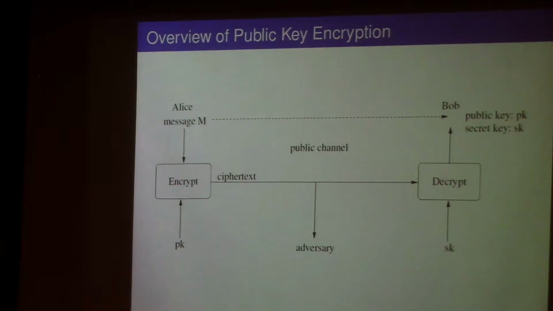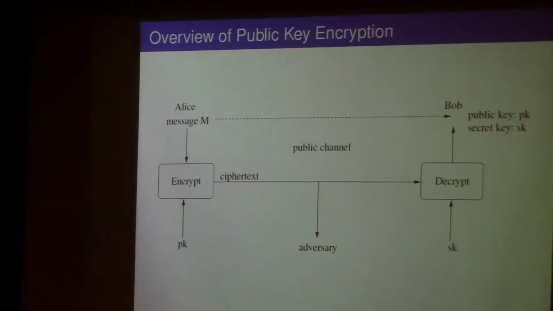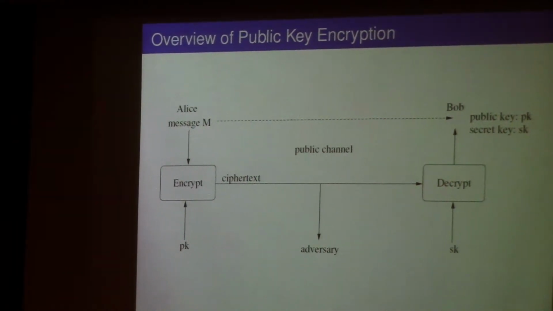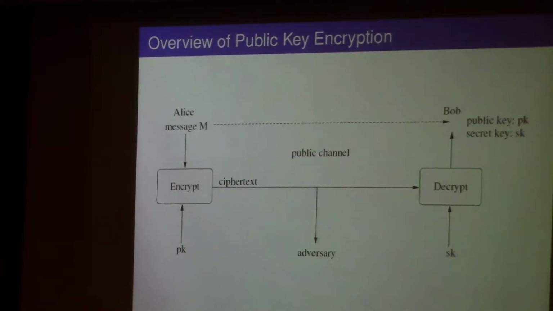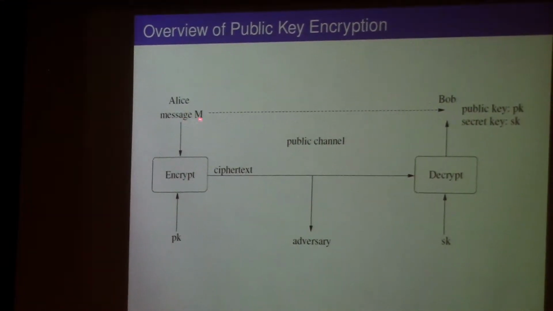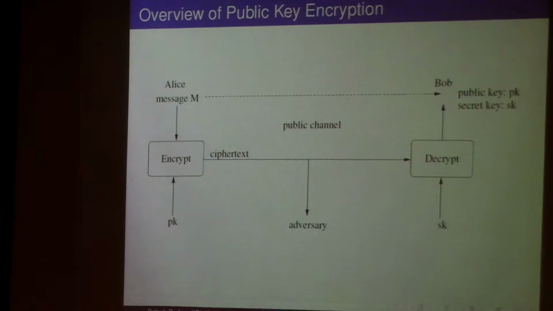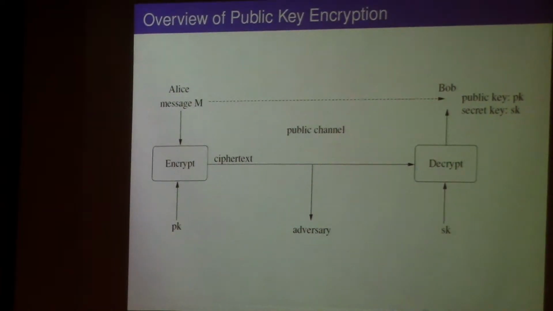So you want to send the message across, but you don't want anybody else, typically called an adversary, to learn this message, and you do not have a means or a communication medium which is controlled only by Alice and Bob.